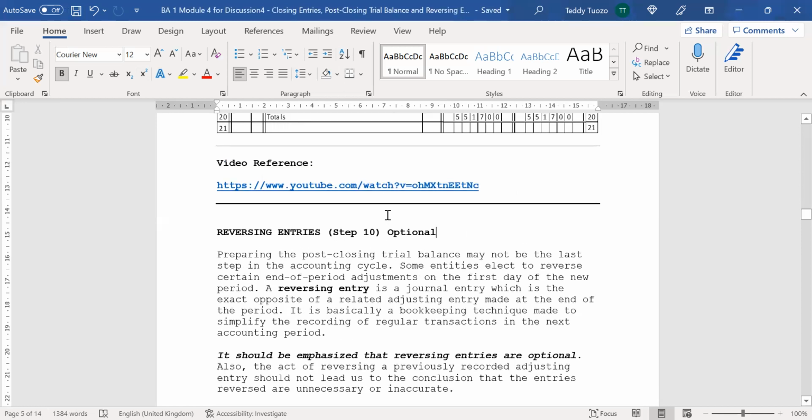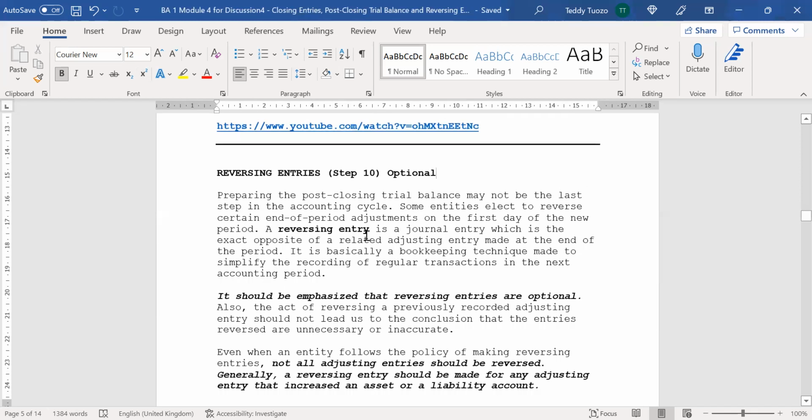Going back, the adjusting entries and the closing entries are prepared at the end of an accounting period. For example, if it's a calendar year, then it is prepared on December 31. Reversing entries are actually prepared on the first day of the next accounting period.